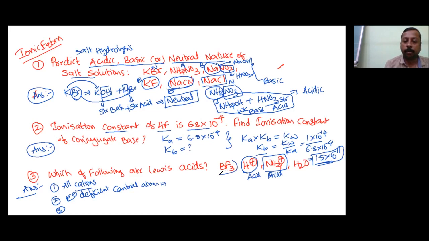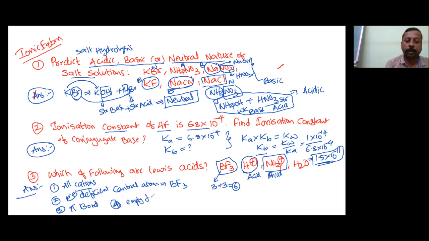Here, boron trifluoride: boron has 3 electrons, shared with the fluorines, so the total is only 6 electrons. That's why boron trifluoride is also an acid. Another type is a molecule with a pi bond, and the fourth is an empty d orbital.